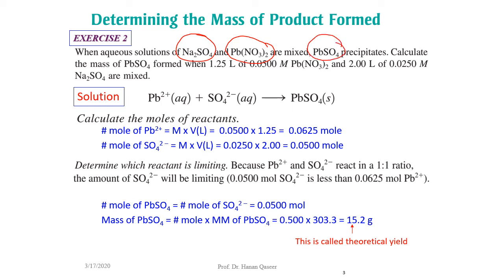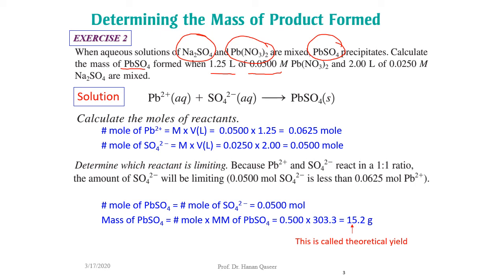We have to calculate the mass of lead sulfate formed when we have 1.25 liter of 0.0500 molar lead nitrate and 2 liter of 0.025 molar sodium sulfate.